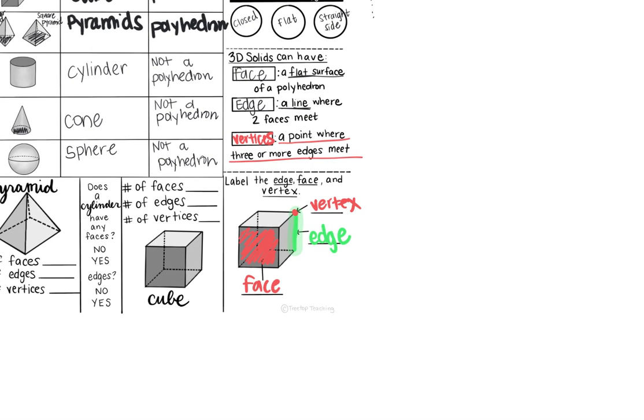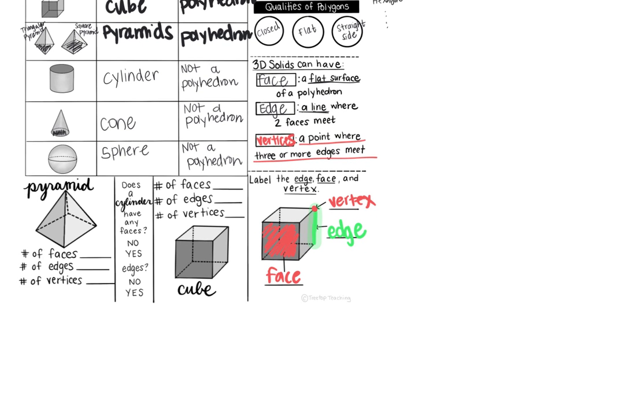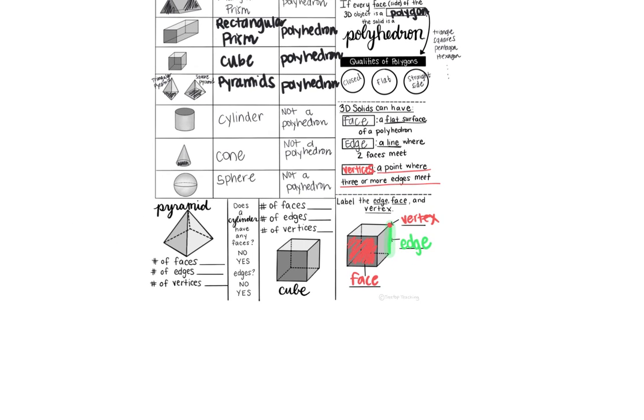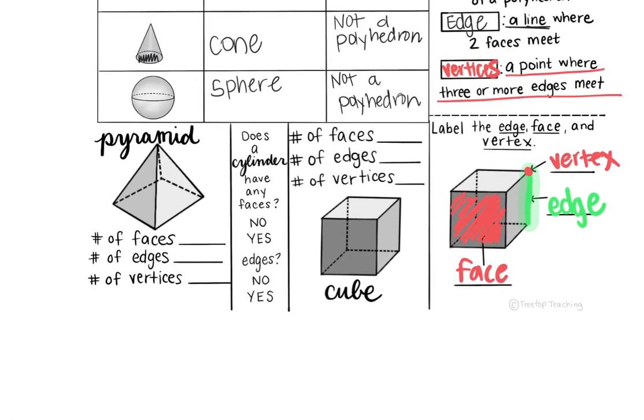Vertices: a point where three or more edges meet. Okay, so we looked at what the vertex is, what the edge is, what the face is. We looked at that more in depth yesterday. We're just remembering what we talked about yesterday and adding more shapes to today's lesson.